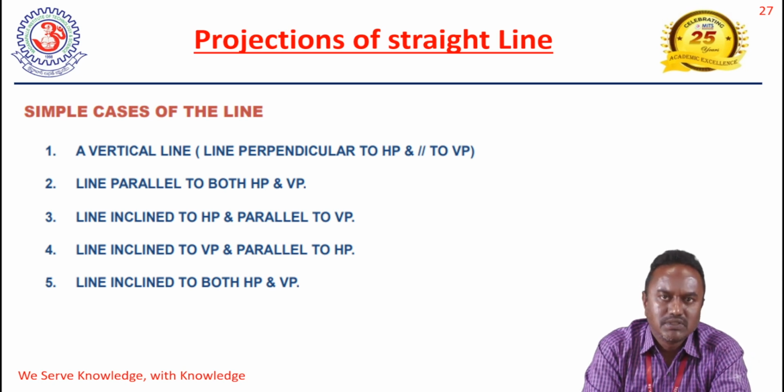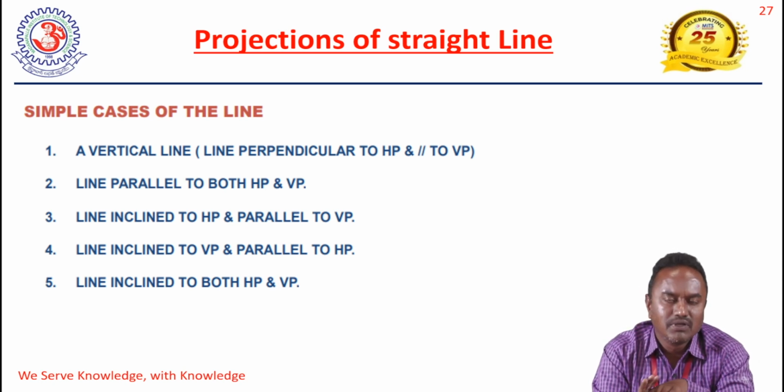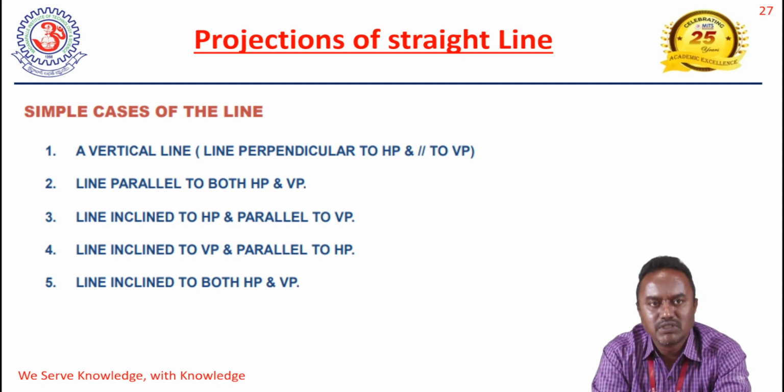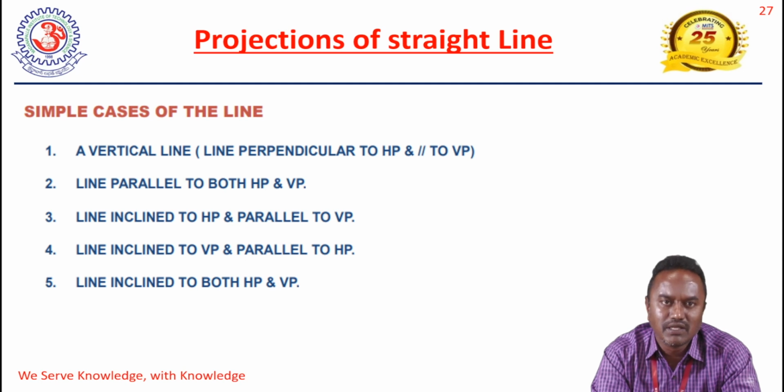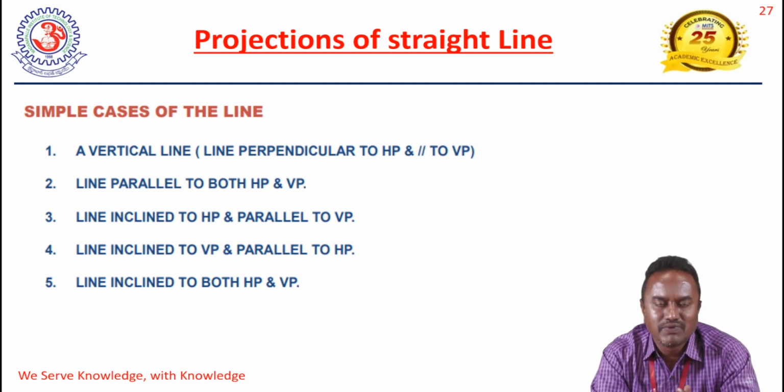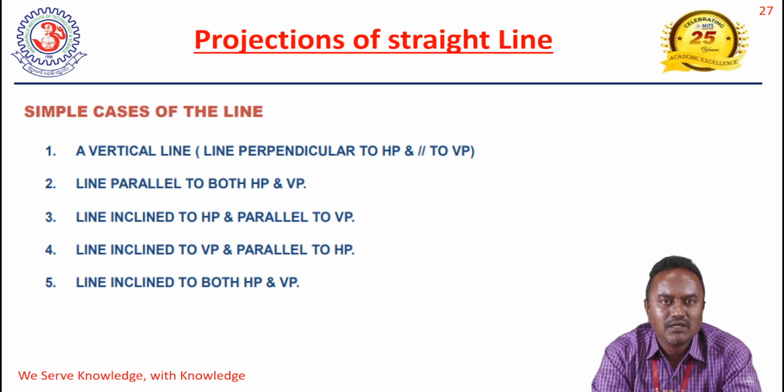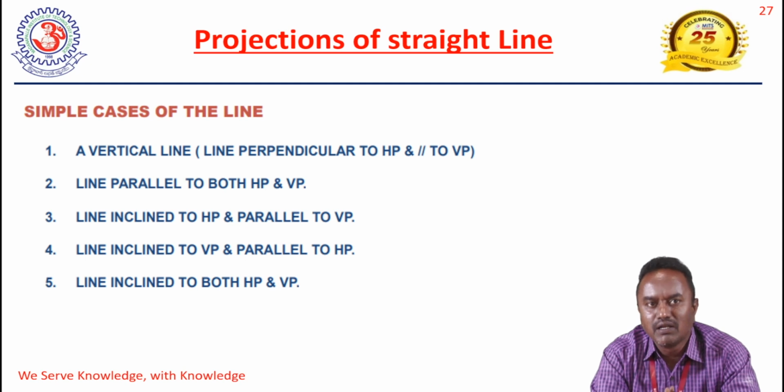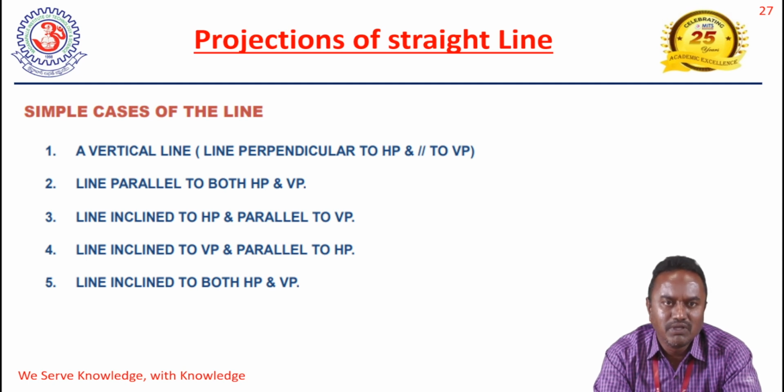Now, a brief discussion about the positions of straight lines. When we come to the projections of a straight line, again we have five to six different cases. The first case is a line perpendicular to HP and parallel to VP, the vertical line. The second case is a line parallel to both HP and VP.